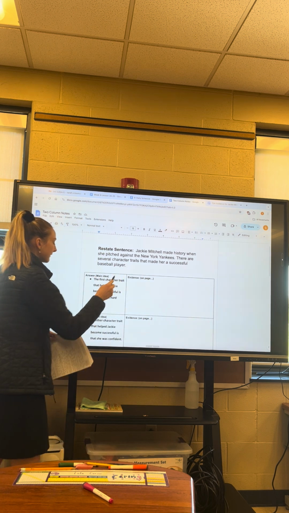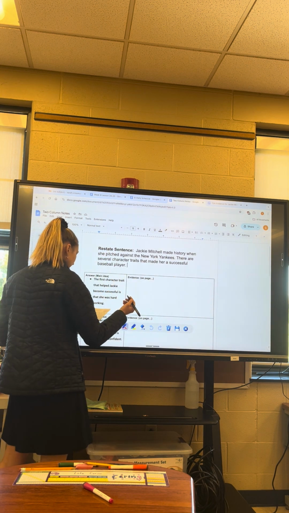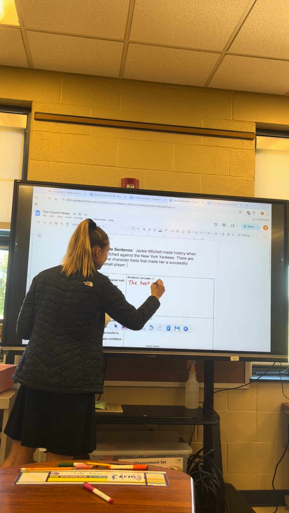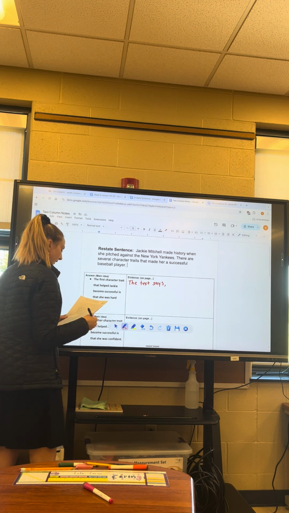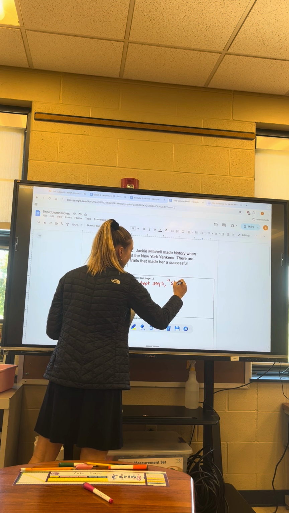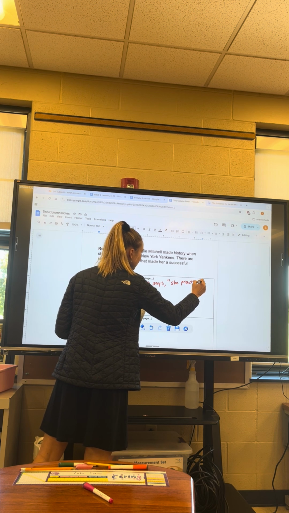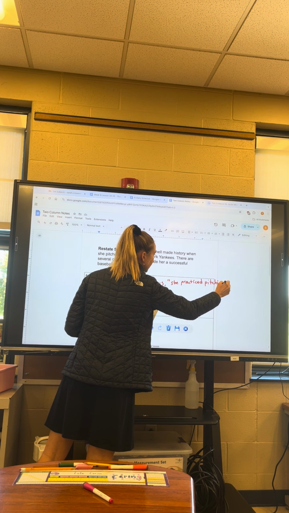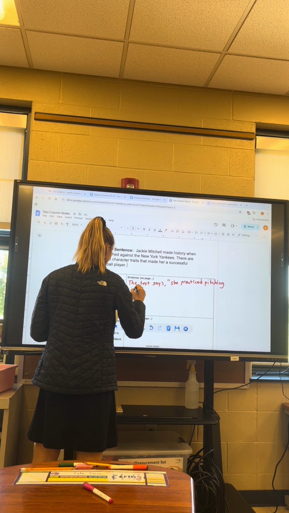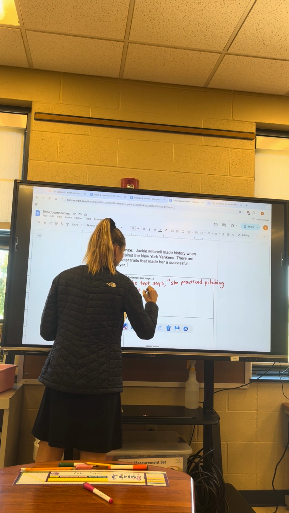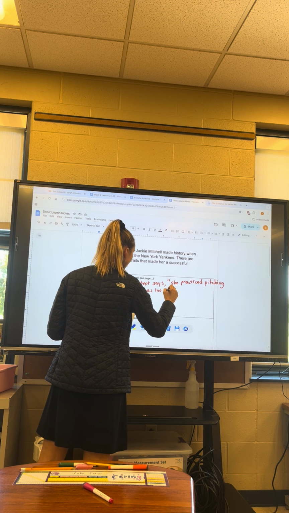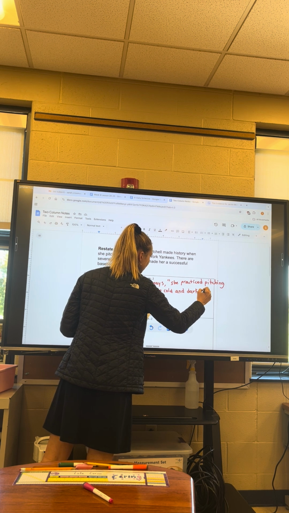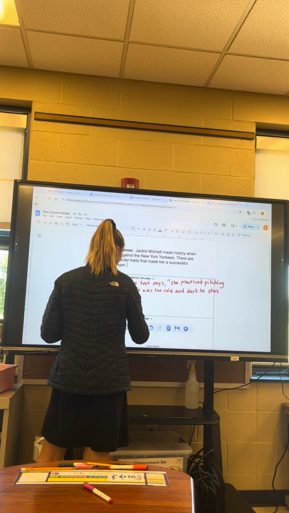I'm going to go ahead and share with you my first piece of evidence, okay? The text says, and this is another sentence starter, she practiced pitching till it was too cold and dark to stay outside.